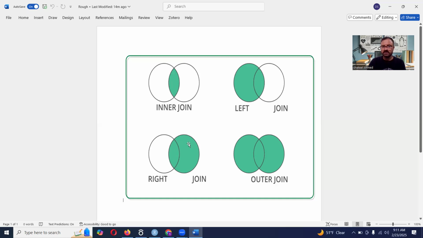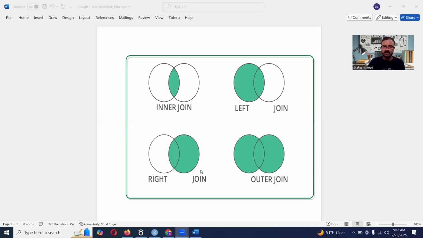So this will include all the observations, all the cases that are available in data 2. But if the cases are only available in data 1, then those will be excluded in the merged data.